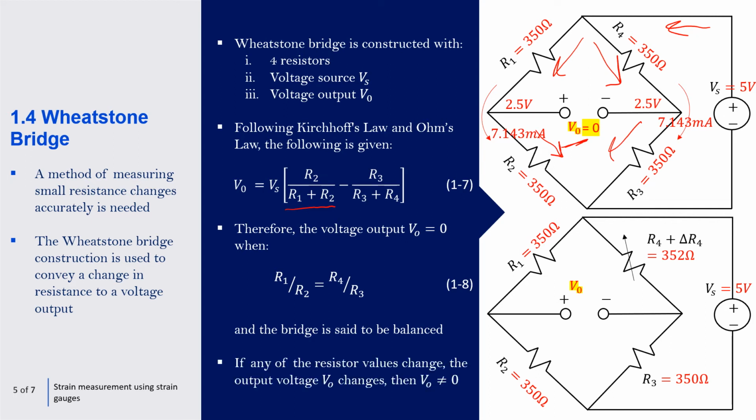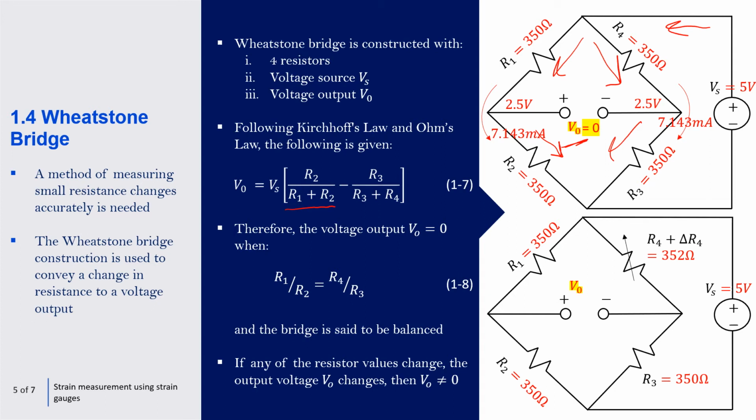So you can see VO is equal to 0, so the bridge is said to be balanced. If any of the resistor values change, the output voltage VO changes, so the output voltage would not be equal to 0.